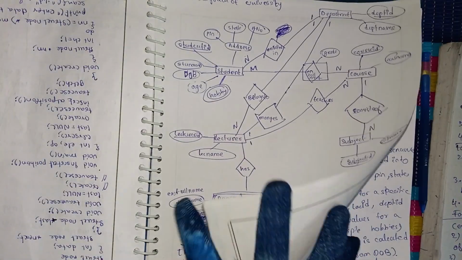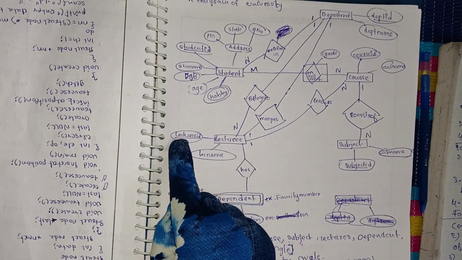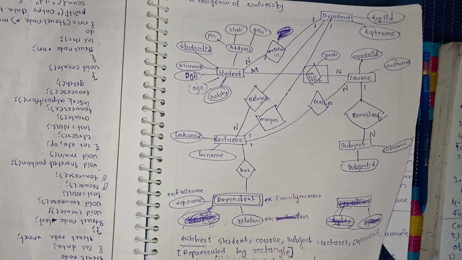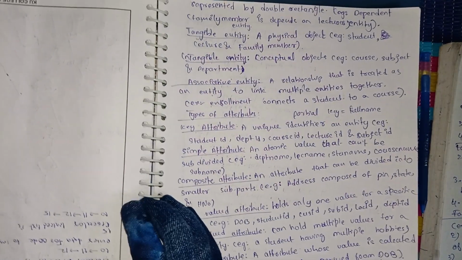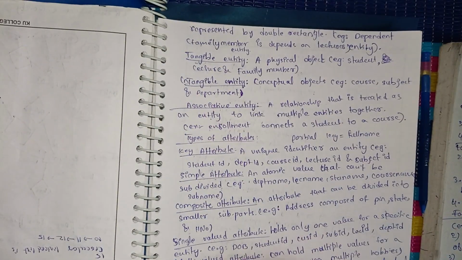So here the partial key column values depend on the lecturer ID column values. So it is according to the definition of a dependent.